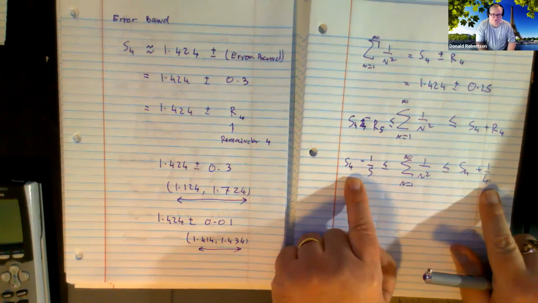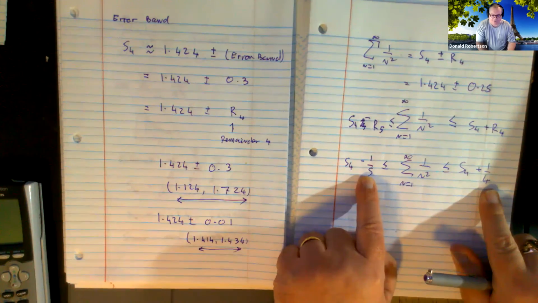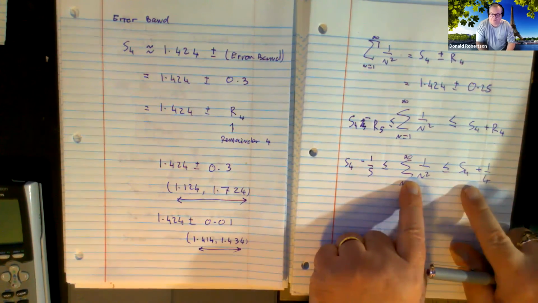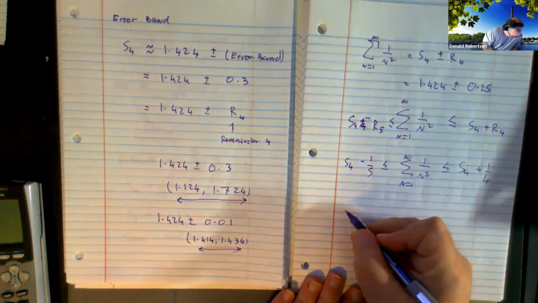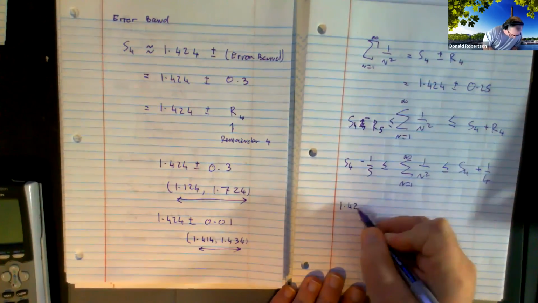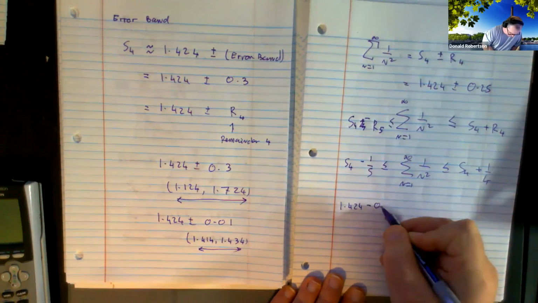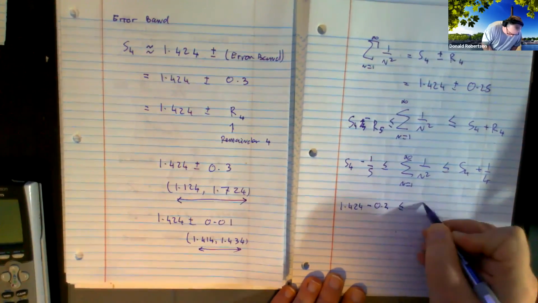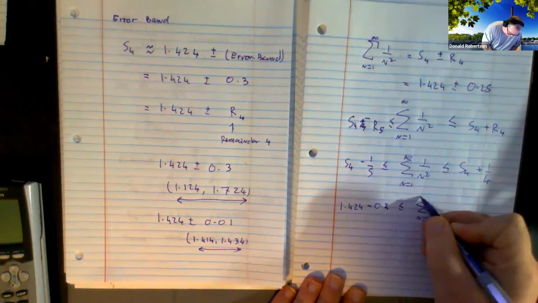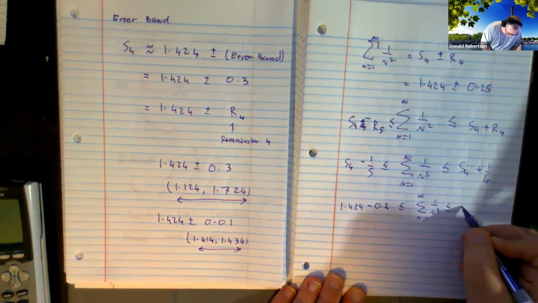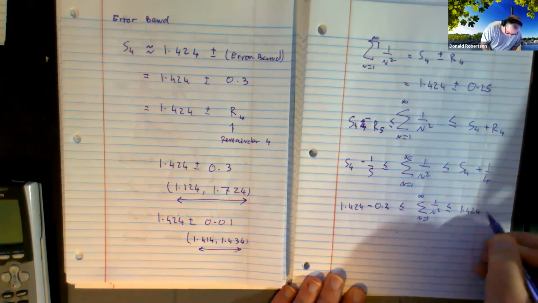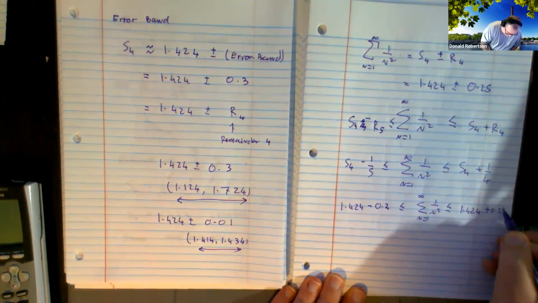So if you took this number and subtracted a 5th, the answer is bigger than that. If you took this answer and added a 1/4, the right answer is between that. So in my case, it would be 1.424 take away 0.2. And on the other side, it would be 1.424, add a 1/4.